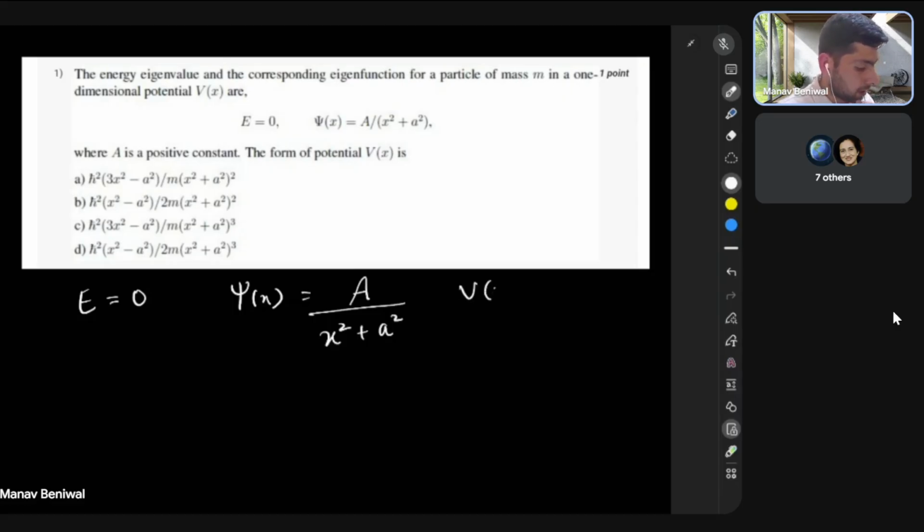So we are asked what will be the form of potential V of x.